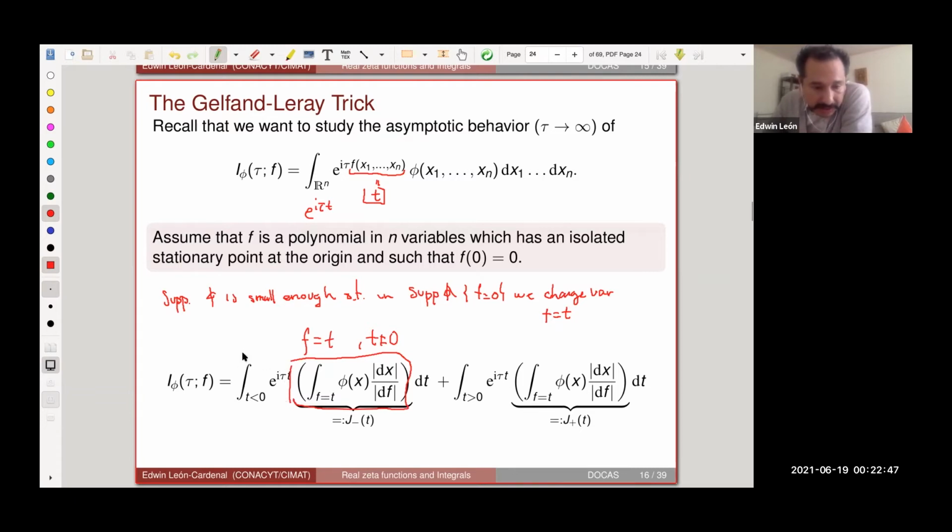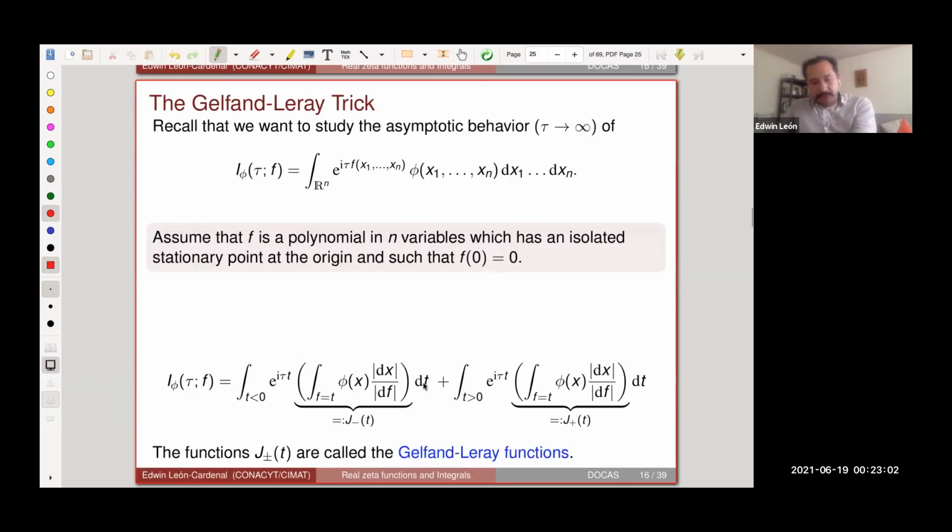So this integral is separated into two integrals, but they are just integrals in one variable, okay? So I'm going to explain what is the meaning of these things, okay?